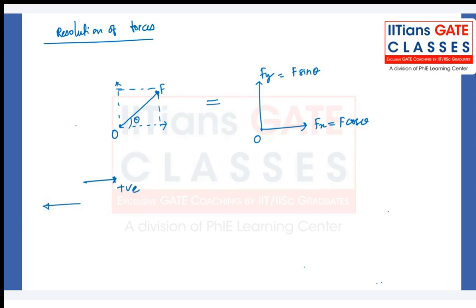Okay, or vice versa. Generally we follow the same trend of coordinate axes. Here this is a positive x-axis, here a positive y-axis, here a negative x-axis, here a negative y-axis. Same terminology we follow. If a force is going in the right direction, we'll say it is positive. If it is in the left hand side direction, we'll say it is negative. And same for vertical forces, upward and downward. Okay, remember this.